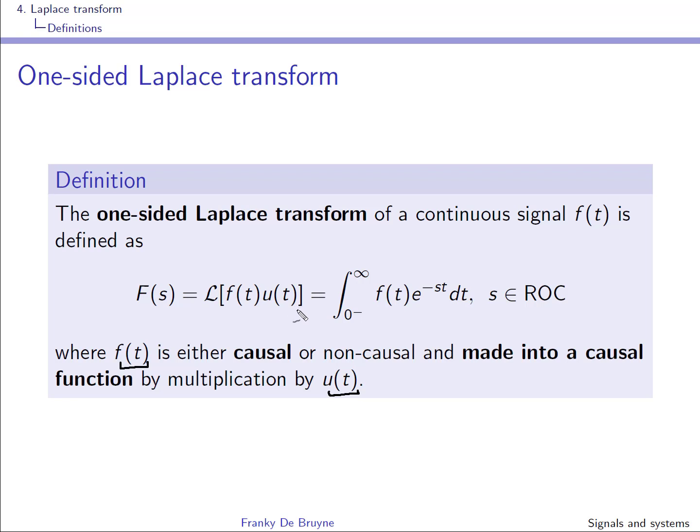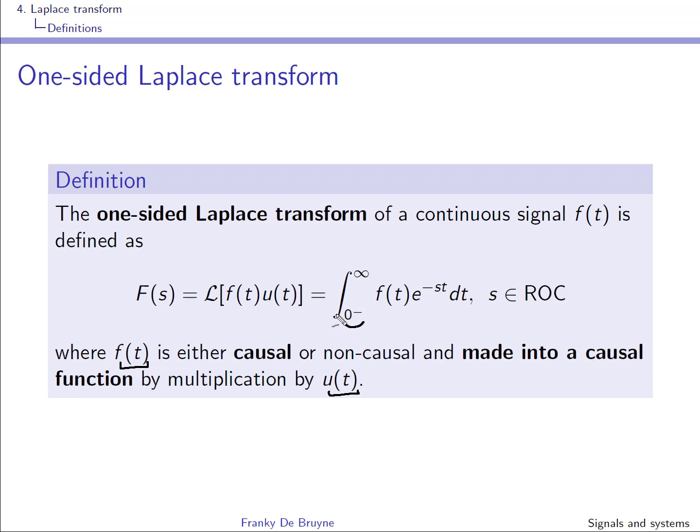Well, if you take the Laplace transform of something that is causal, you know that it's 0 to the left of t equals 0, so it makes no sense to integrate from minus infinity. You might as well start from 0. Okay, and here again you find this 0 minus.